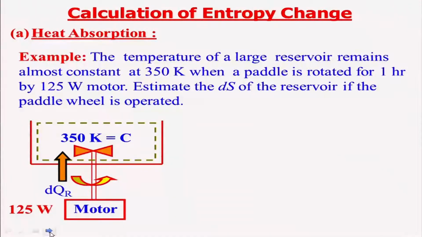So, this is our system, the thermal reservoir, which is at 350, and you are giving 125 watt. It is a very big reservoir, so that there is not much change in the temperature, and you are using a motor for that.